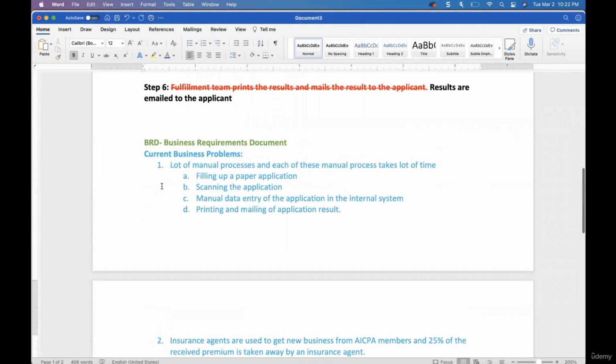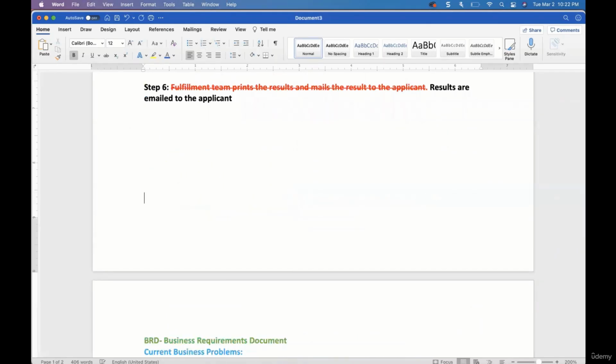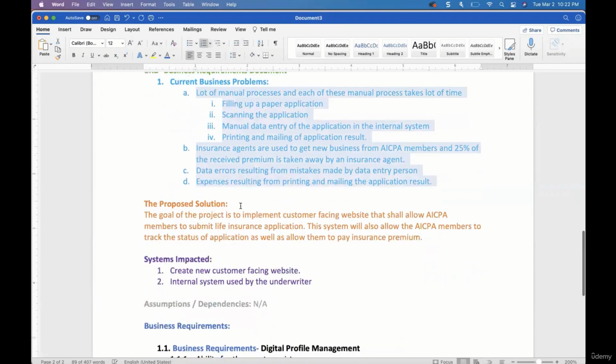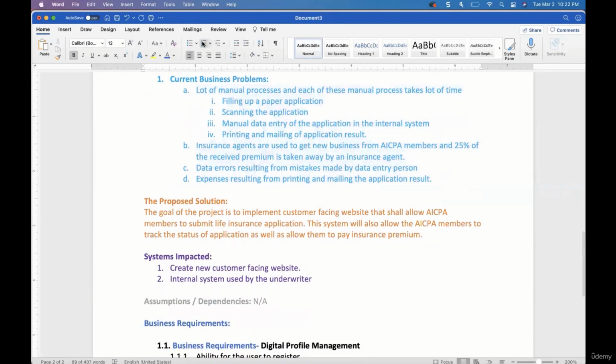So let me give some numbering so we can really understand the entire BRD. I'm going to move it to the next page. So this is my number 1.0. All this goes here. This becomes 2.